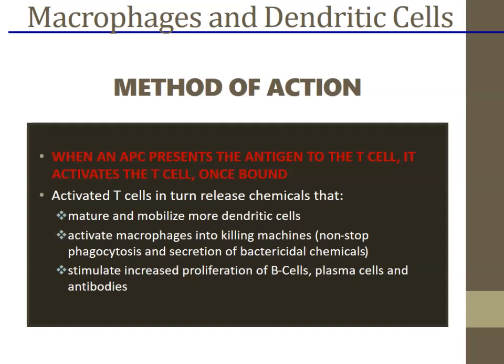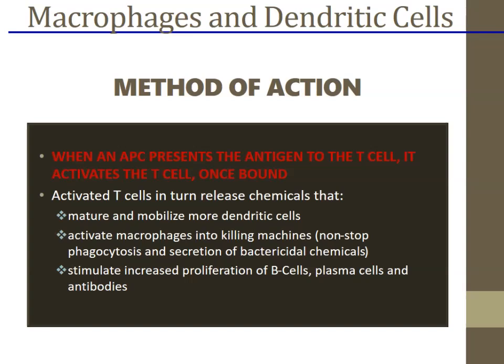Okay. So here we go. We'll watch the video after this. When an APC presents the antigen to the T cell, it activates the T cell. Boy, that sounds like a test question right there. Here's the antigen, right? Here's the T cell floating along. The APC is reaching out, showing the T cell, look at what I just found. This little booger came into our body. What are you going to do about it?